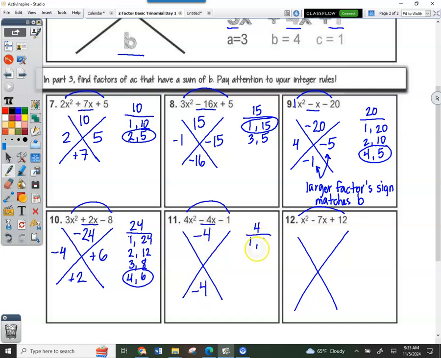Factors of 4 are 1 and 4, 2 and 2. Do any of them somehow combine to give me 4? 2 and 2. But if I make them both negative, then I would multiply to get a positive 4, so that's a problem. If I make 1 negative, then I don't add them to get negative 4.